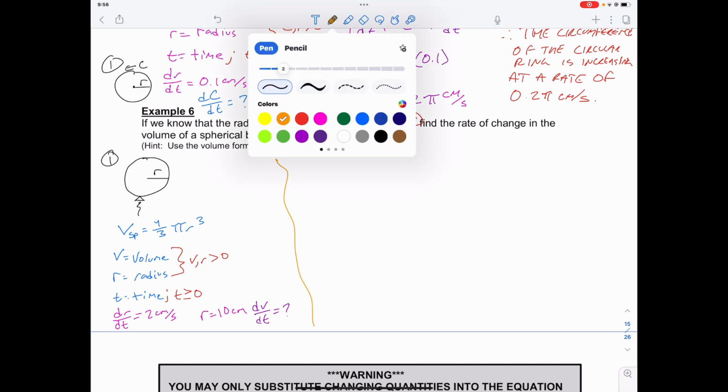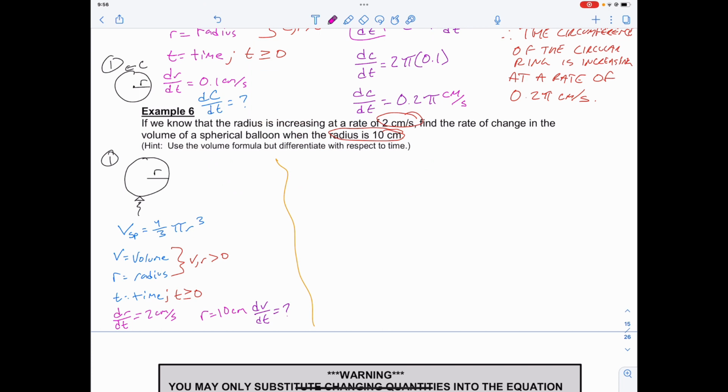So, just like in the previous example, we are going to start by differentiating in terms of time. So if V is equal to 4 over 3 pi r cubed, then that means that dV over dt is equal to 4 over 3 pi times 3 r squared times dr over dt.